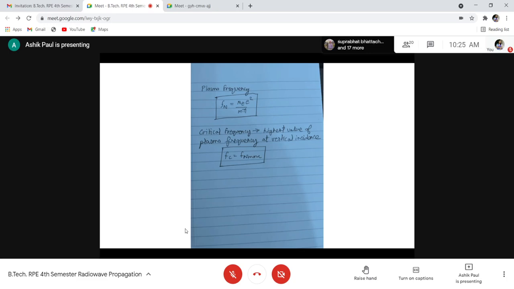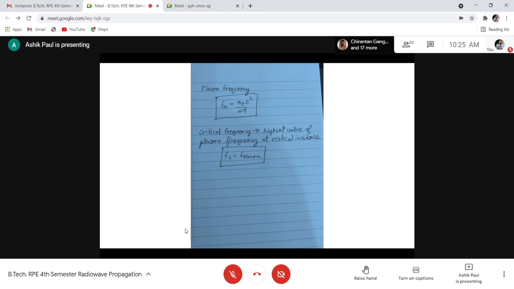Usually these transmitters allow your vertically transmitted signal to have frequencies ranging from say 1 megahertz to about 50 megahertz.